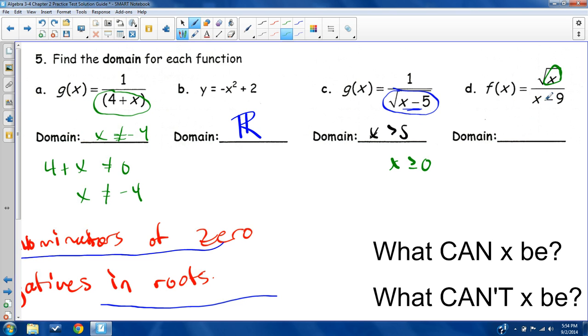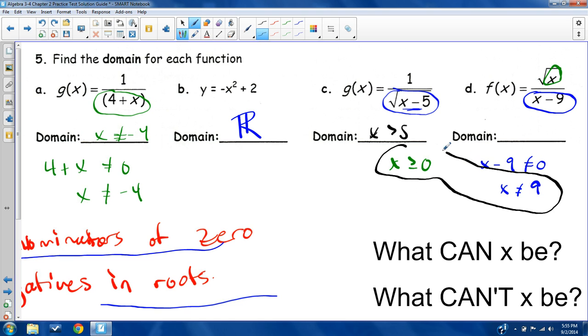Now we look at the denominator and we say, okay, x minus 9 can't be 0, so we're going to have to pay close attention to that. Because if x minus 9 was 0, we would get 0 in the denominator, and that's an issue. So x cannot equal 9 once you do that math. So now we're taking a look at these two guys right here in our domain.